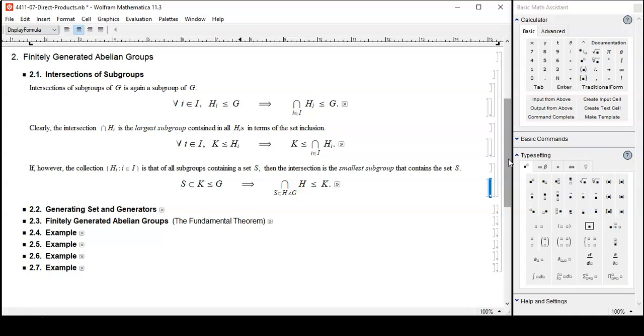In any case, remember this. If you look at this intersection from H_i's and no other restriction, then the intersection is the largest subgroup contained in all H_i's.